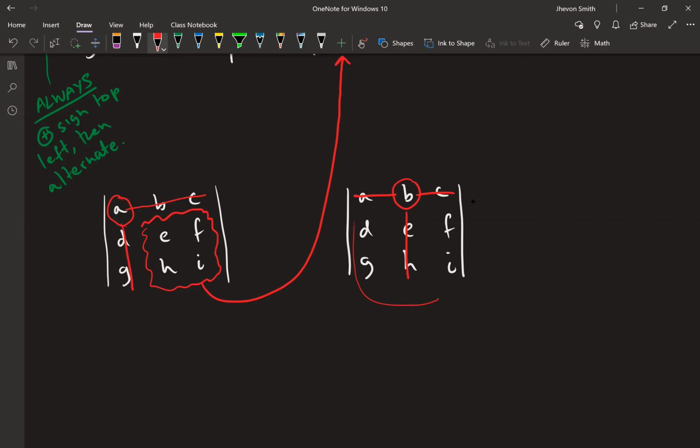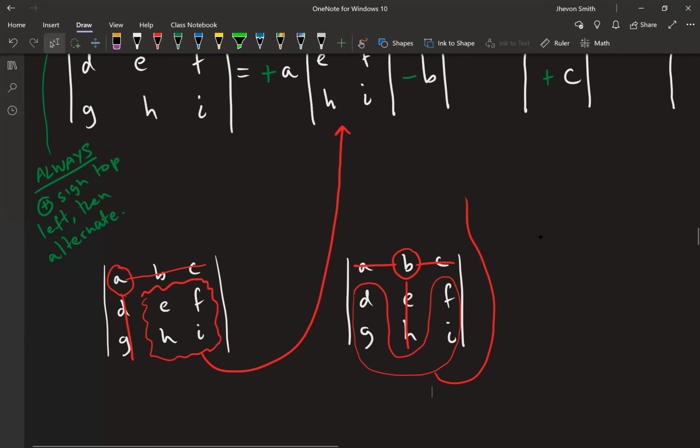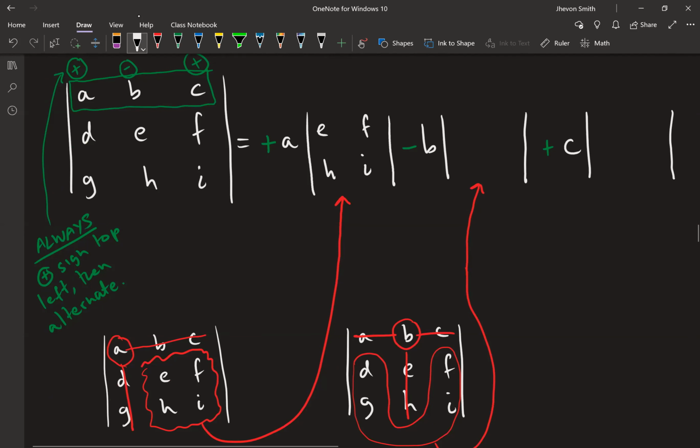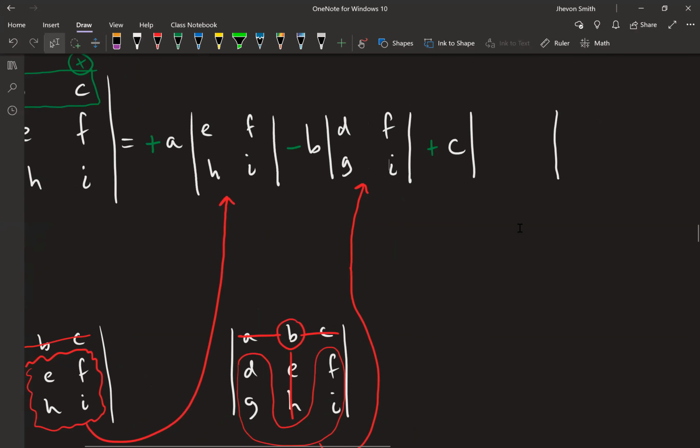I will have a matrix left over here, and that is the guy that I put in the B. So here, I would have D, F, and it's very, very long-winded to explain, but once you actually get the hang of it, it's actually really quick. A lot of you will be able to do a lot of what I'm talking about in your heads after a while. Now, if it's the first time you're seeing it, it might be like, what is going on? But trust me, it'll eventually become very easy.